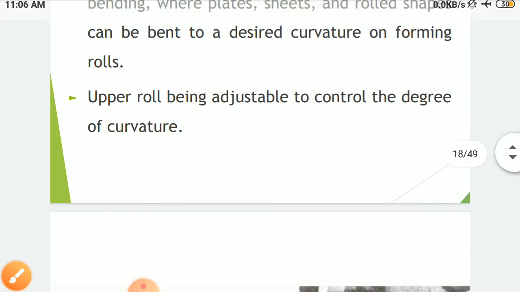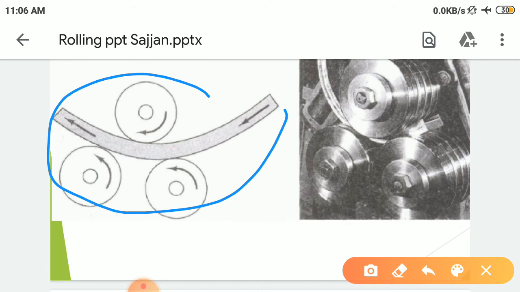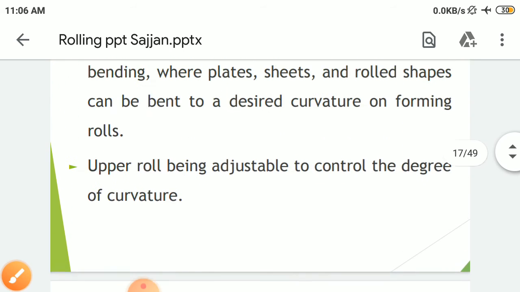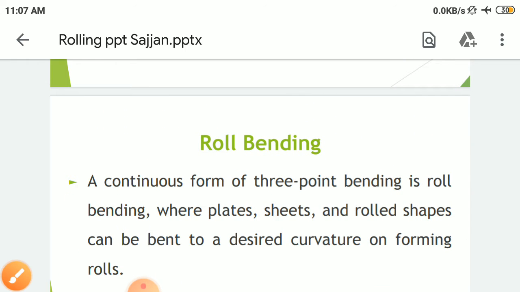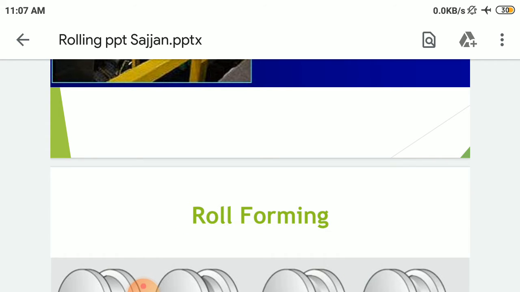You can see in this picture how you can roll a sheet or any steel or any metal member using 3 rollers. So this is known as roll bending, and this is roll forming. In roll forming, rollers will have some form on their periphery.